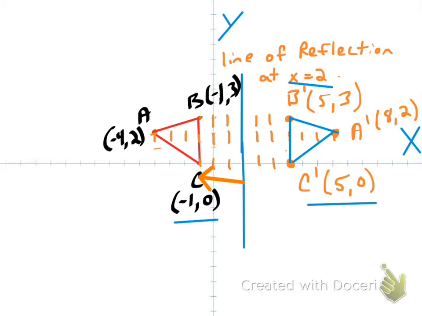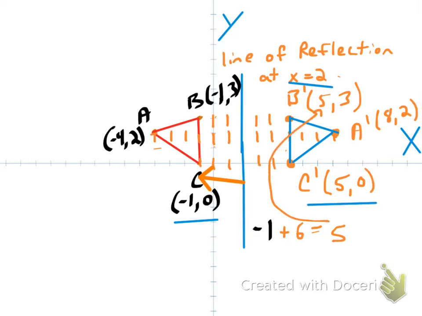So if we take negative 1 and we add 6 to it, I should get 5, which is right. And it also works for B. B happens to be the same distance away. So it starts at negative 1, we add 6 to it, and we get 5 again, just like right there.